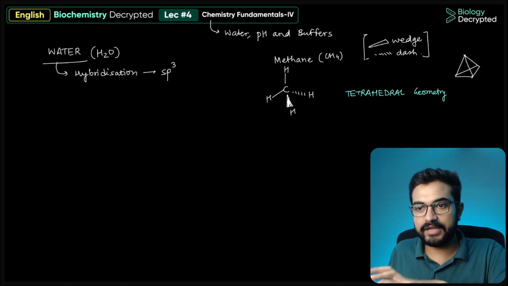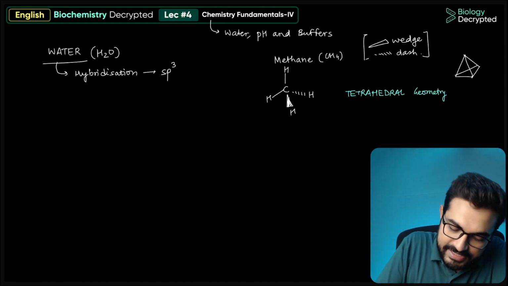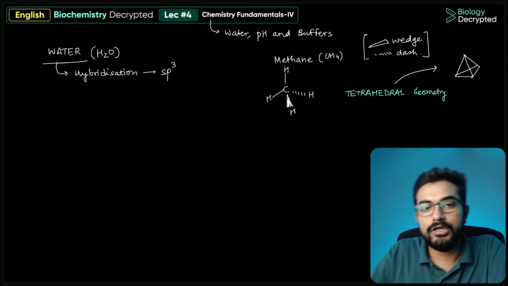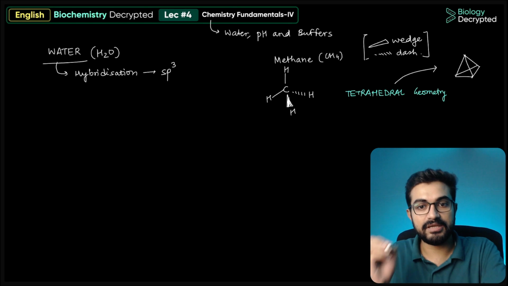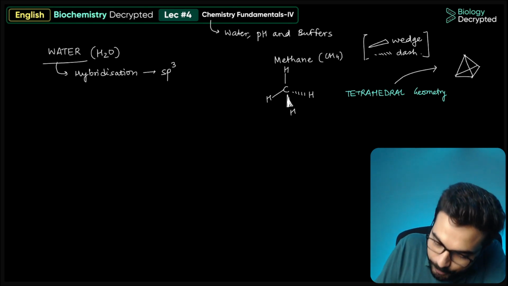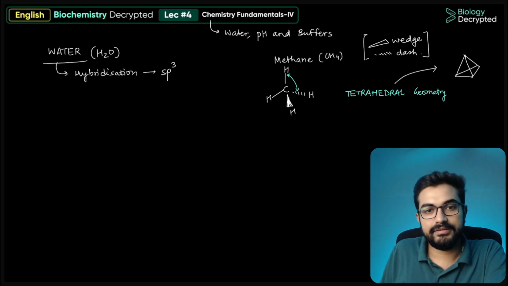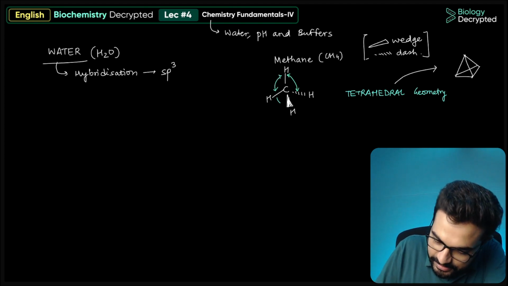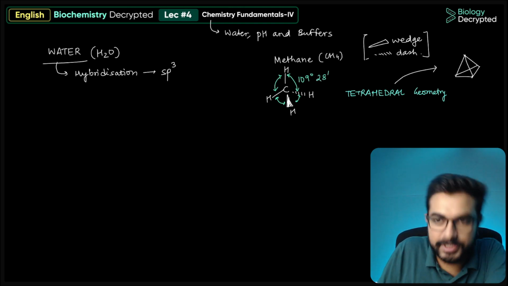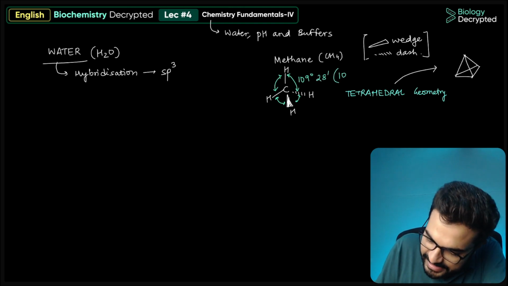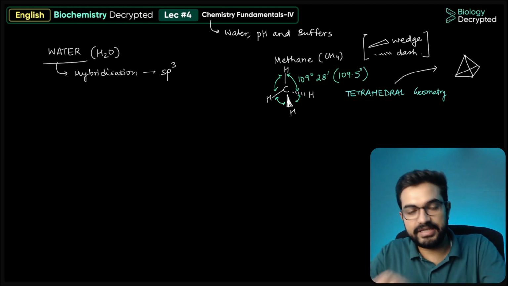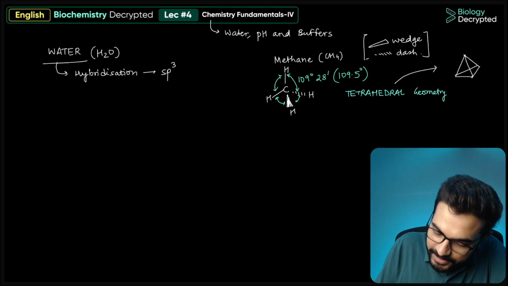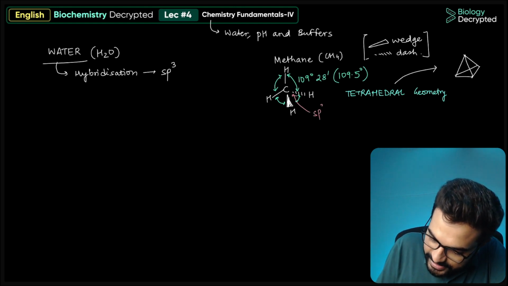In tetrahedral geometry, there is something very important to note. All the bond angles here will be equal to 109 degree 28 minutes, or let's say 109.5 degree, and the carbon has a hybridization of sp3.